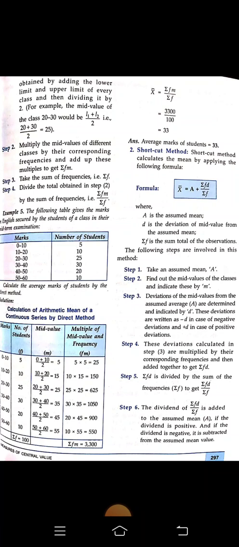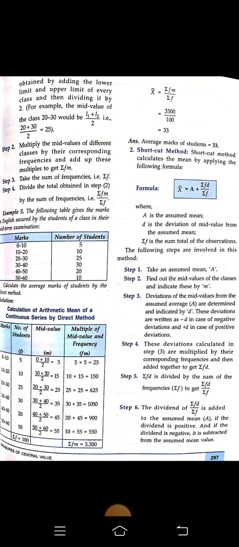So the average marks of the students is around 33. There can be somebody who got better marks than this, or somebody who got less marks than this, but the average marks of all the students is 33.